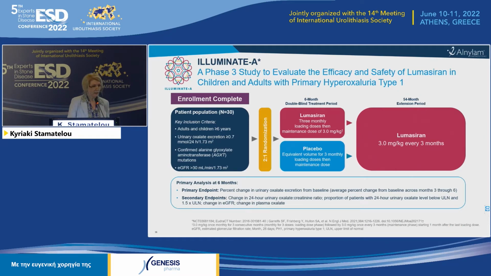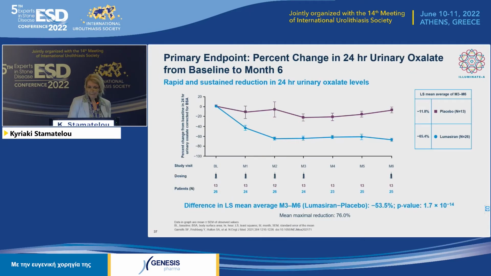Let me say just a few words about the development and the results of these studies. This is the schedule of Illuminate A. There was a placebo arm and the lumasiran arm. This is the primary endpoint: the percent change in 24-hour urinary oxalate from baseline to month 6.